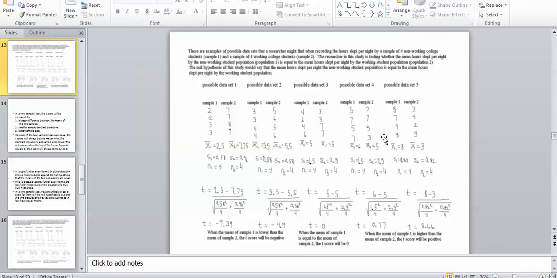If your outcome ends up at the positive critical value or to the right, meaning in the positive rejection region, you can conclude that not only is the mean of sample 1 higher than the mean of sample 2, but the mean of population 1 also appears to be higher than the mean of population 2.